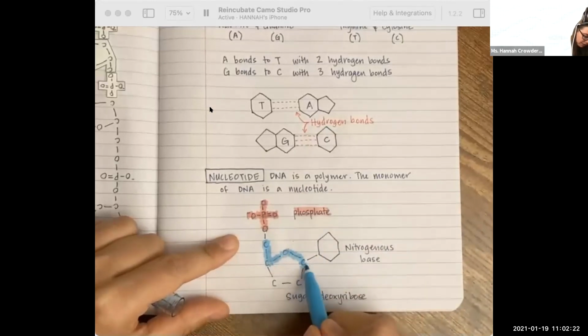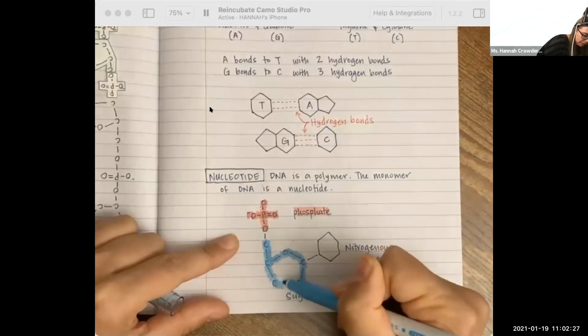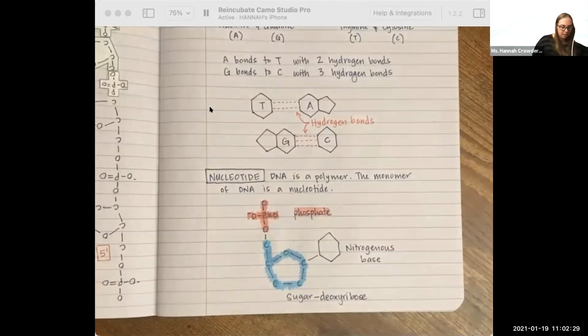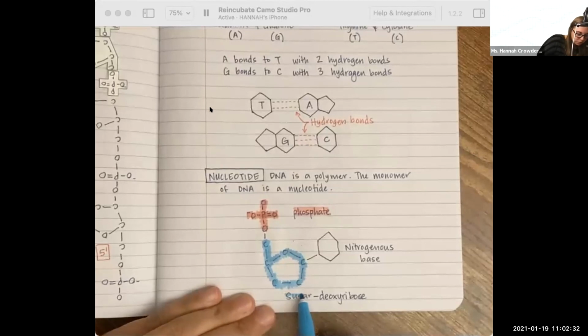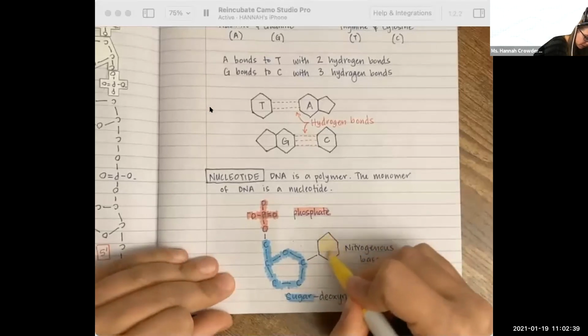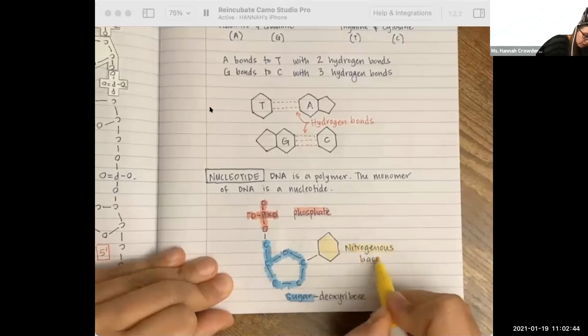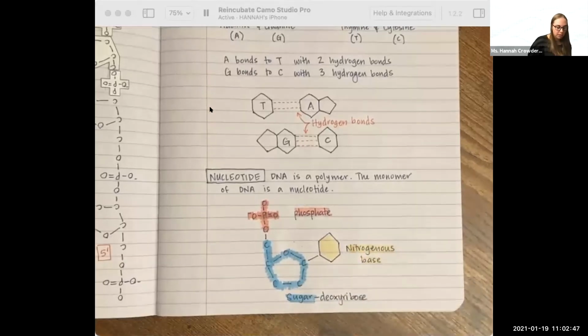And you'll notice that these shapes should look somewhat similar to what we made on our model. Notice that the sugar is like the shape of a house with a chimney. And then my nitrogenous base, well, those come in all different shapes and sizes, so those are a little bit harder to model out. But there we go. And those are our notes.